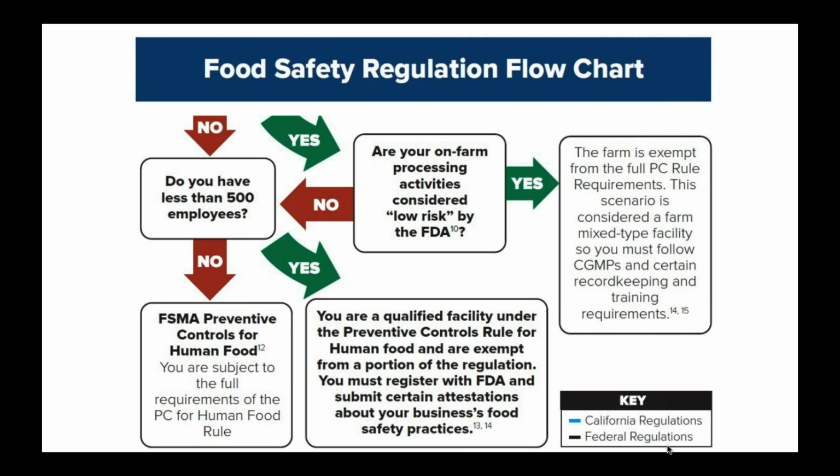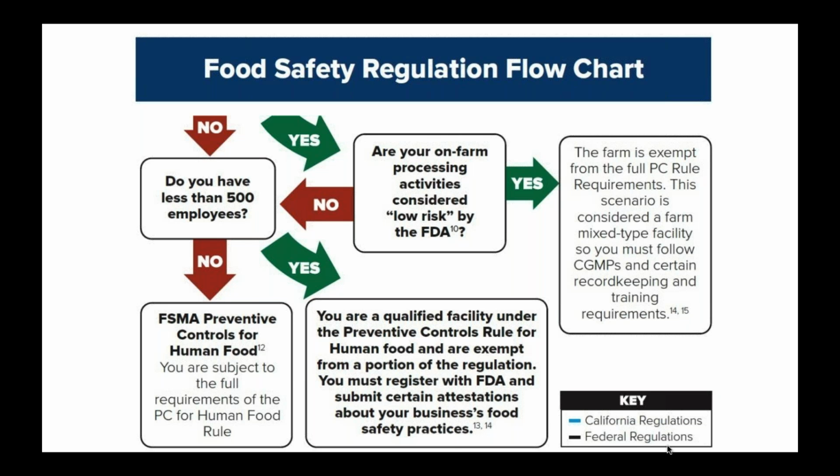There's general sanitation requirements, so how you're going to clean your food processing facility and that type of thing. You would still be required to be compliant with those general good manufacturing practices, but you wouldn't necessarily have to go through the further steps in preventive controls rule implementation for your food processing establishment.